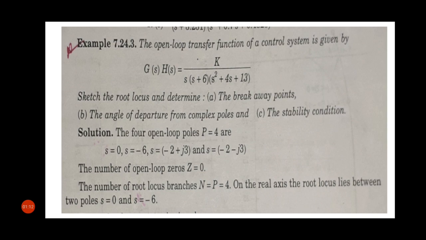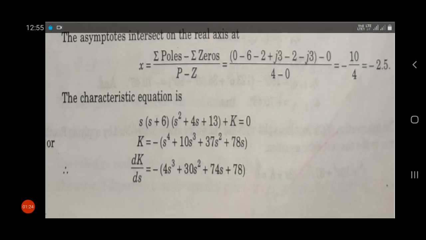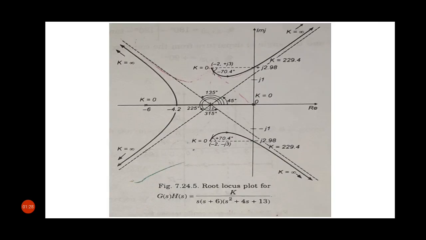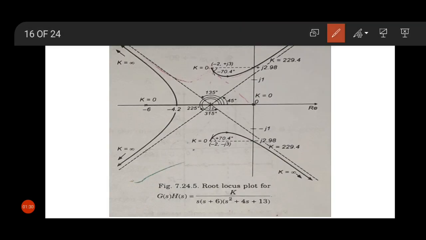And on the real axis the root locus lies between two poles, s equal to 0 and s equal to minus 6. Okay, so now we put these poles on our graph. Mark the poles in our graph.